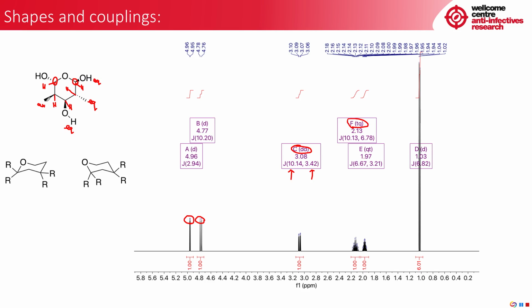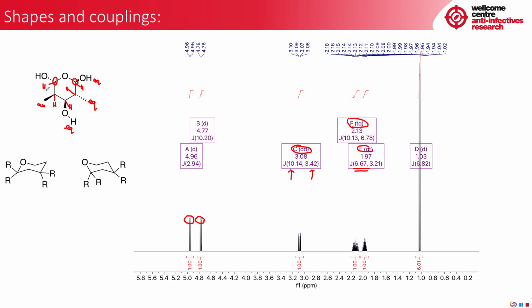We have to identify now this signal, and it must have again a J of around about 7 quartet and a small coupling for its axial equatorial coupling, and we have the same thing as we previously observed. There's a similar coupling that gives us a quartet, and that coupling is to this proton.